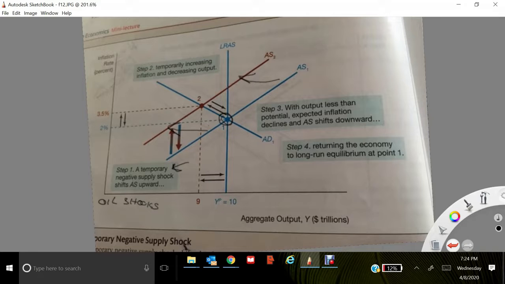You get the worst possible outcome, which is a fall in output and an increase in inflation. Effectively, the supply curve is tracing out this section of the demand curve, okay?